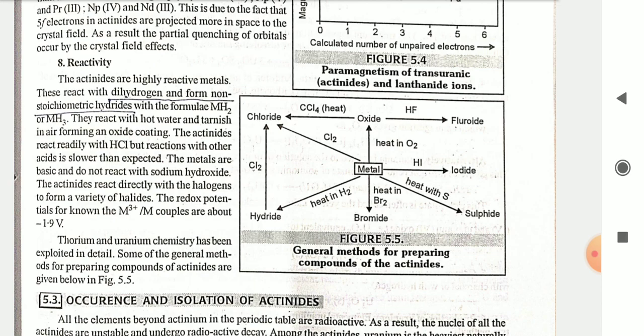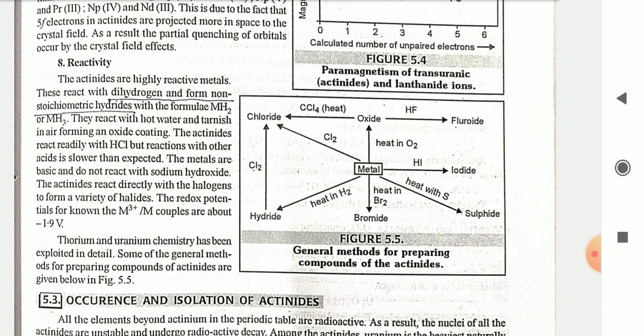The actinides react directly with the halogens to form a variety of halides. The redox potential for the M3+/M couple is about minus 1.9 volts. Thorium and uranium chemistry has been explored in detail. Some of the general methods for preparing compounds of actinides are given below in figure 5.5.